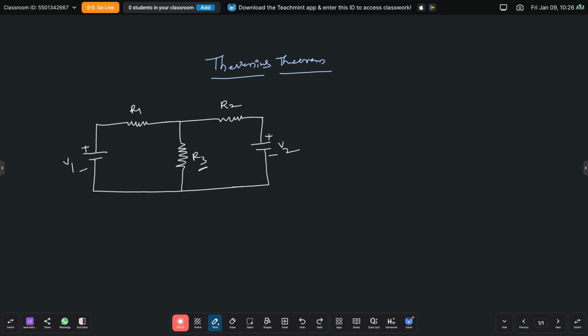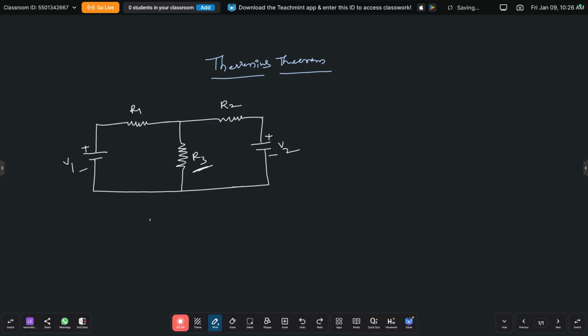So we will find the current through this particular resistance R3 by using Thevenin's theorem. For that, we have to find four different values.